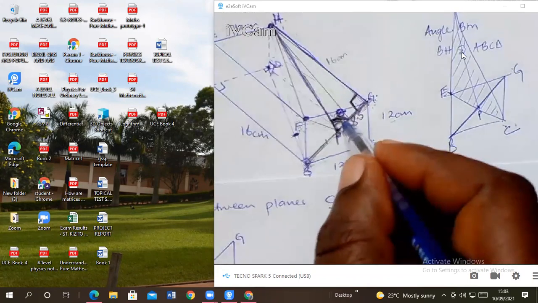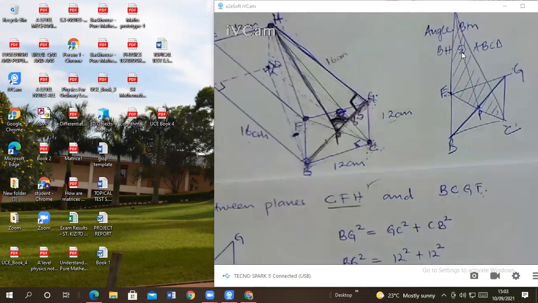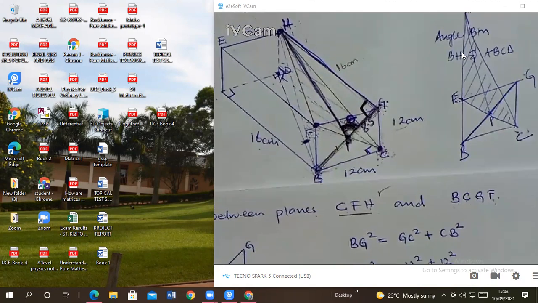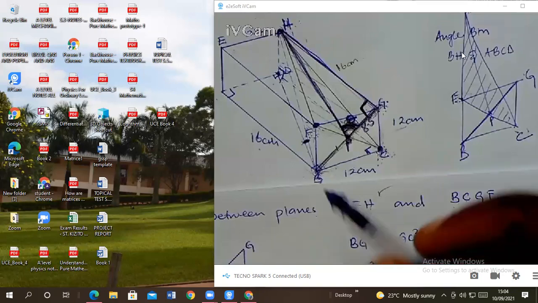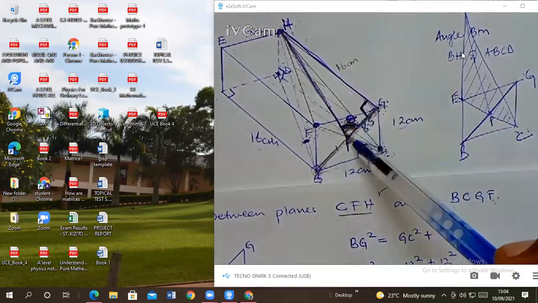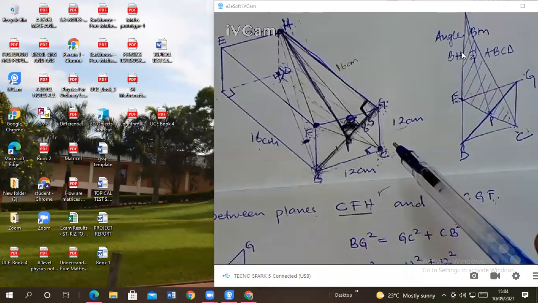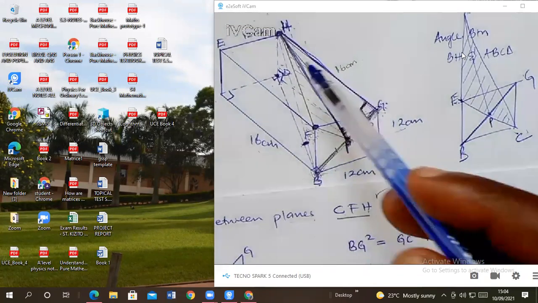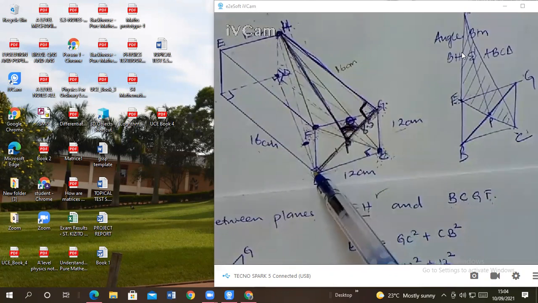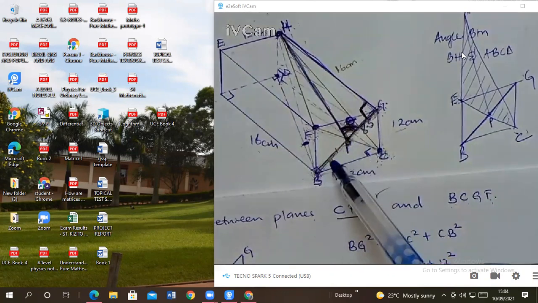What if you also use triangle HPB? Yes, HPB, it also works.